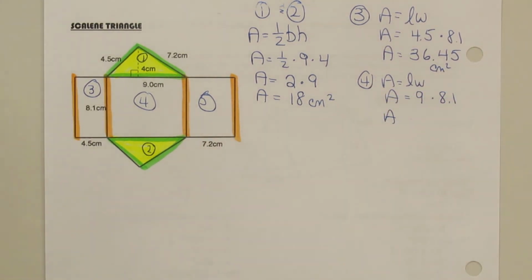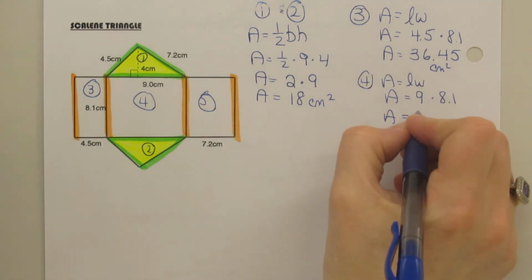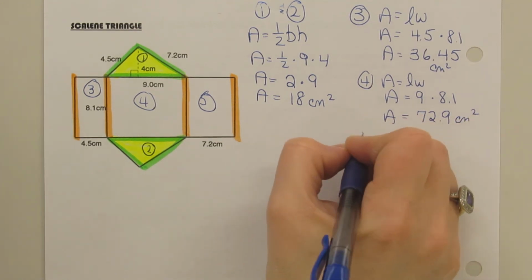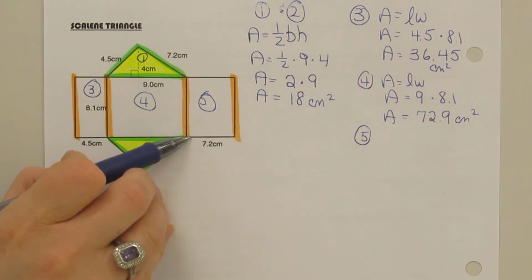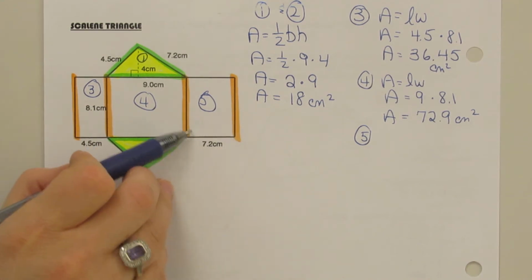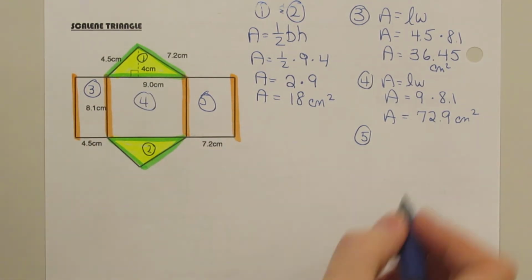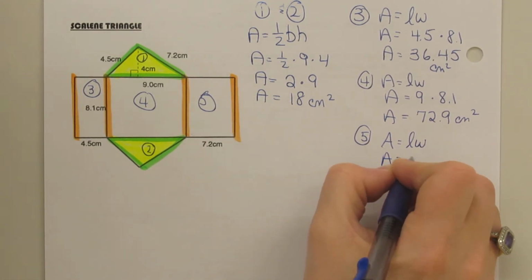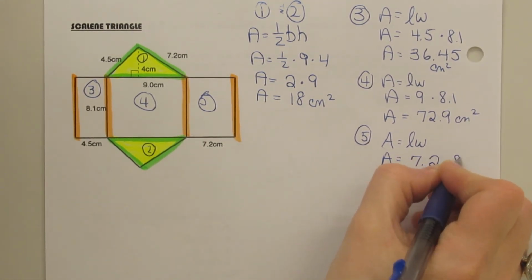Rectangle 4 is 9 with a height of 8.1, so area equals length times width, 9 times 8.1, and again, calculator's fine for that. It's going to be 72.9 centimeters squared. And last would be the 5th side of the prism, is a base of, or length of 7.2 by 8.1, so area equals length times width, formula for rectangle, 7.2 times 8.1.